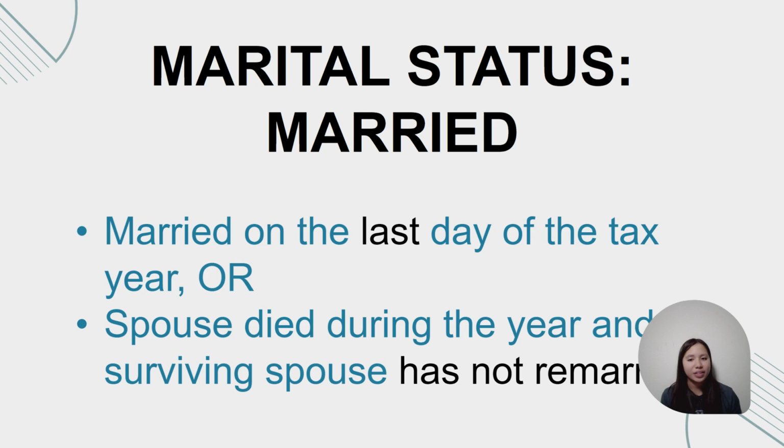So on the last day of the tax year, you are legally married to your spouse, be it by a government decree, wedding, or litigation. Or your spouse died during the year, but you have not remarried. So if your spouse died during the year and you're a taxpayer, you are still considered married in the eyes of tax law if you have not remarried to a different spouse.